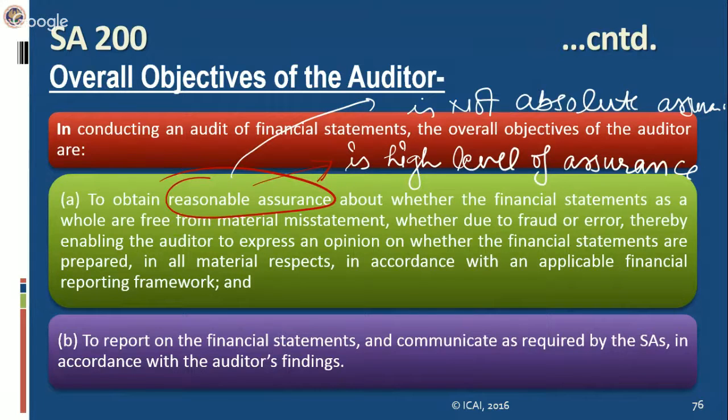So the objective of the auditor is to obtain reasonable assurance about whether the financial statements as a whole are free from material misstatement, whether due to fraud or error. This is not absolute assurance, only a high level of assurance, because much of the evidence we receive while auditing is not conclusive evidence.